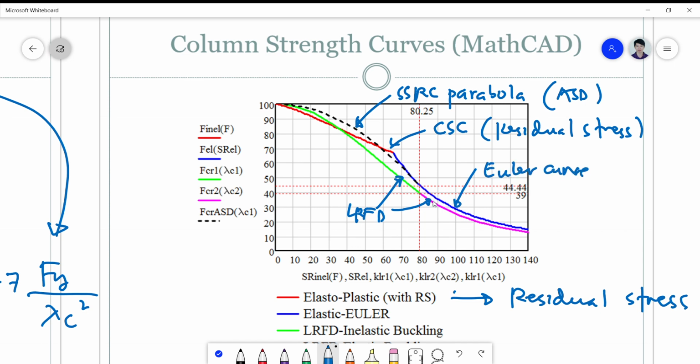So the Euler curve is used as a continuation of your SSRC parabola for the ASD, and the CRC curve for the residual stress method.